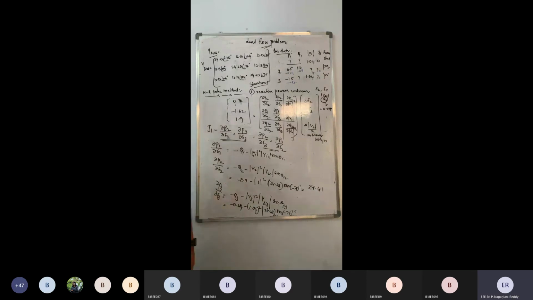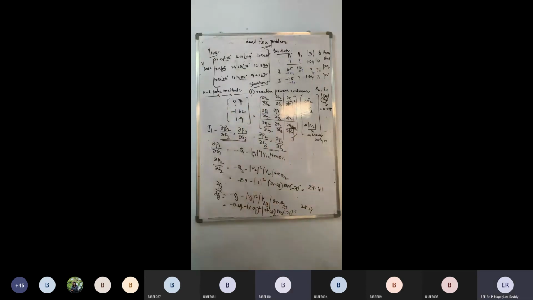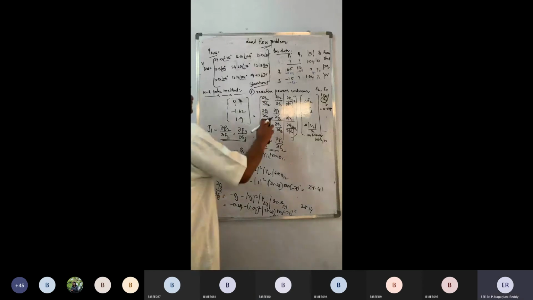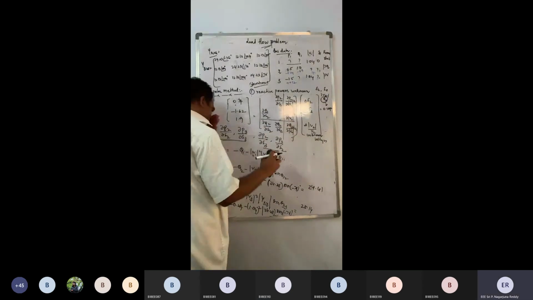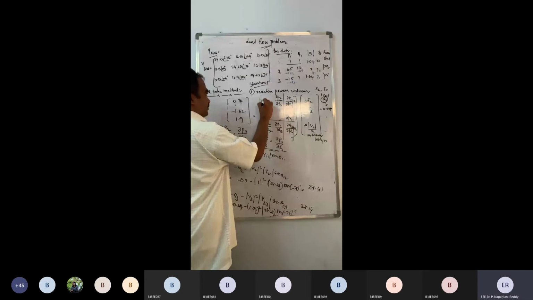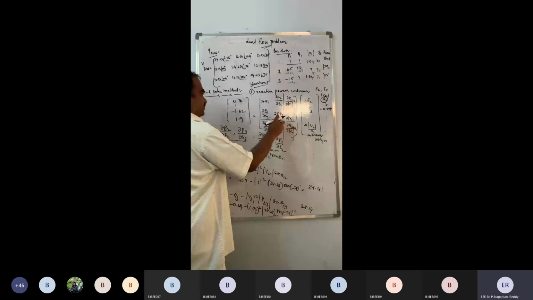What is the value? 25.14. Is it positive or negative? Positive, sir, 25.14. So I have got two values now. These are, I'm writing down here, 24.41 and this is 25.14.